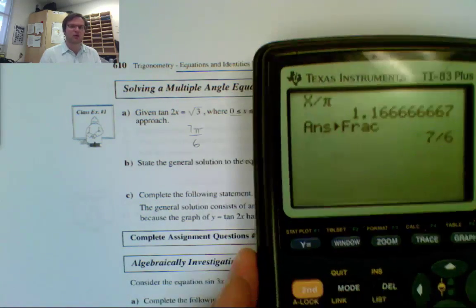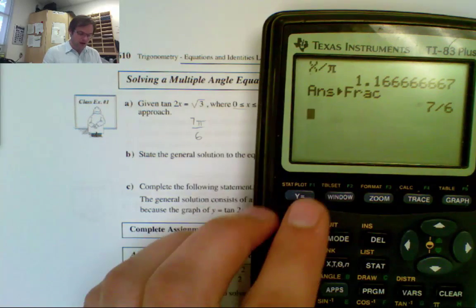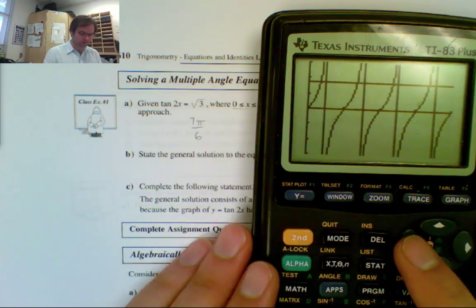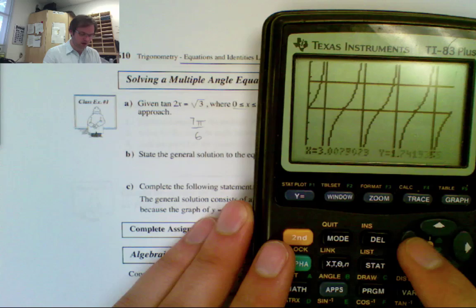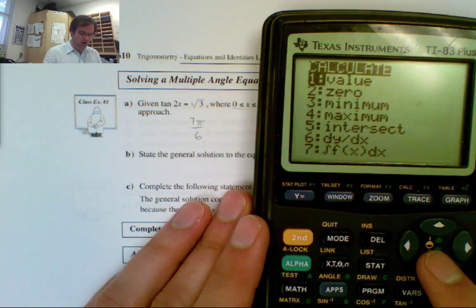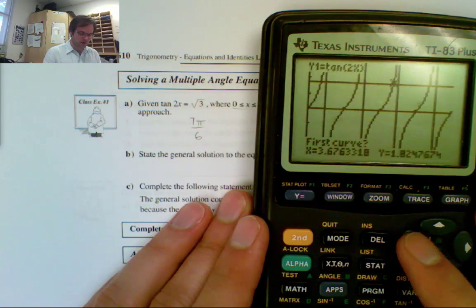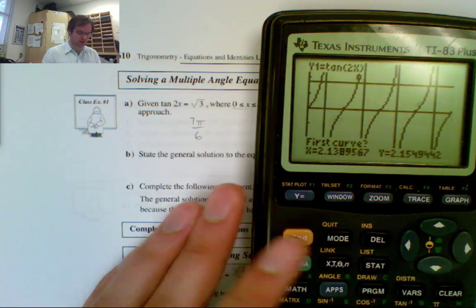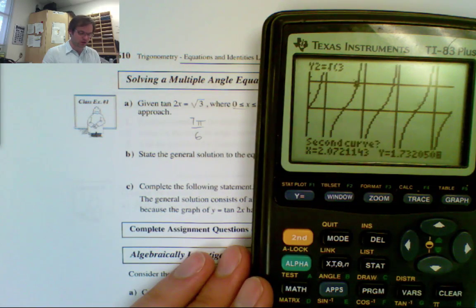Okay? So I'm going to go back here, and we're going to find a couple more. Let's calculate my intersection again and find another one. Here's another one. I push enter, enter, enter, and I get 2.094.